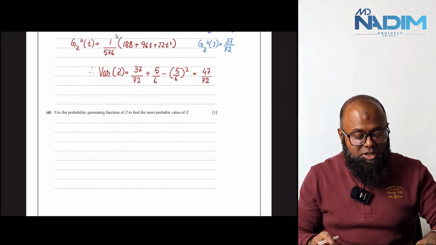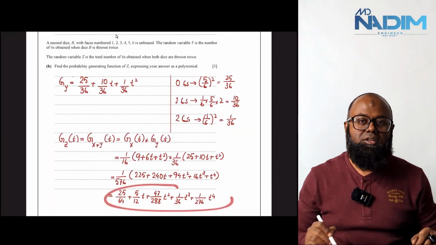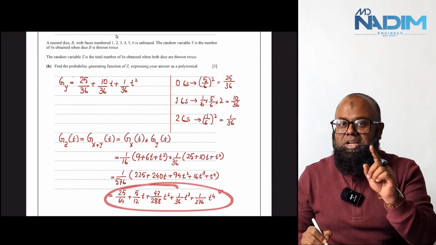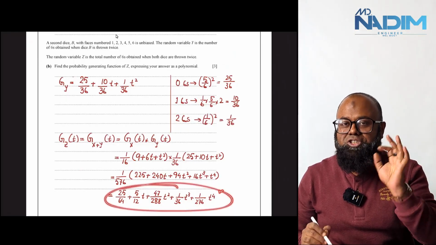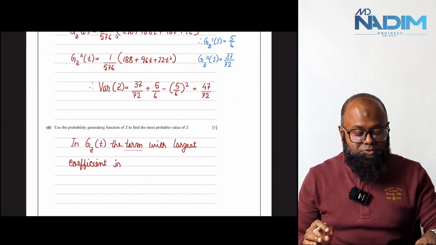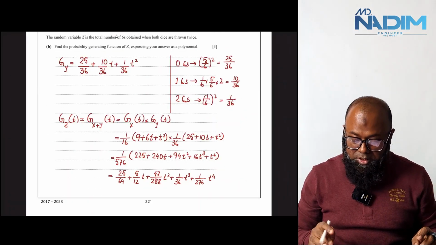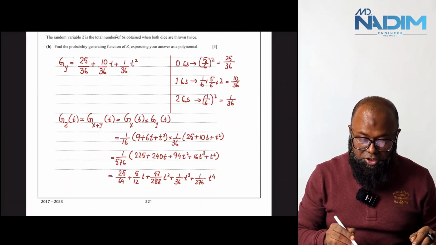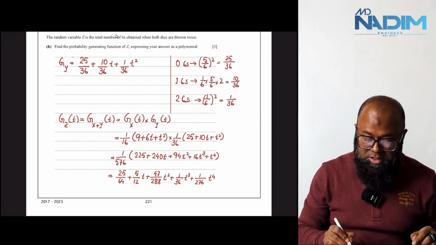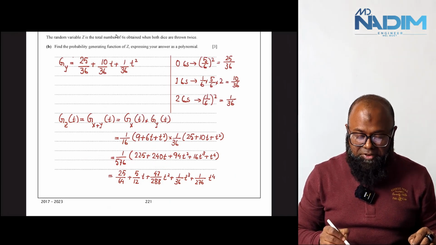So if I observe the probability generating function here, I should pick up the highest coefficient, and if I look at the largest coefficient here, it is 240/576 t, or we can say 5/12 t.